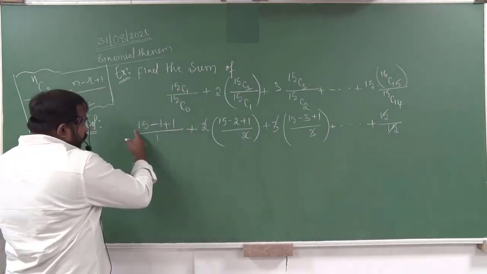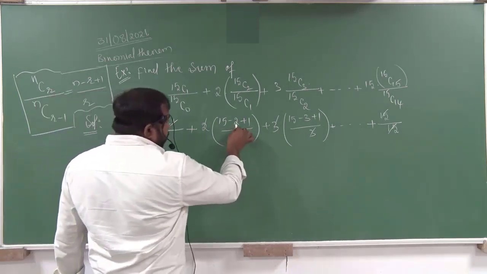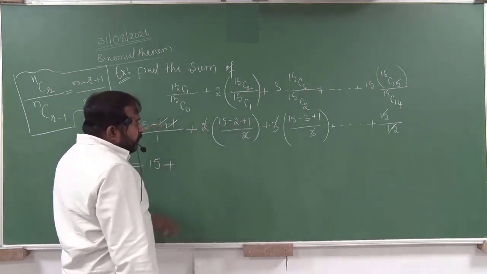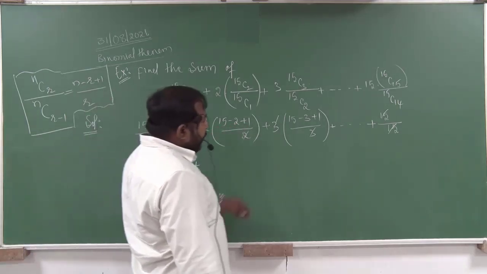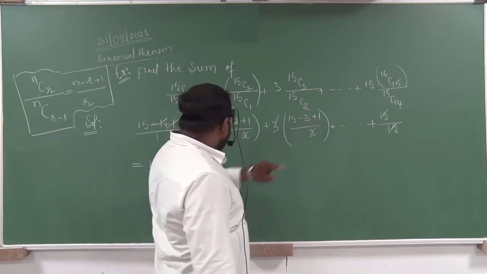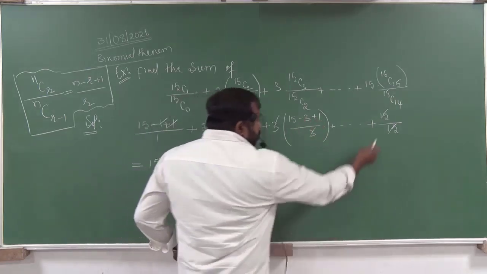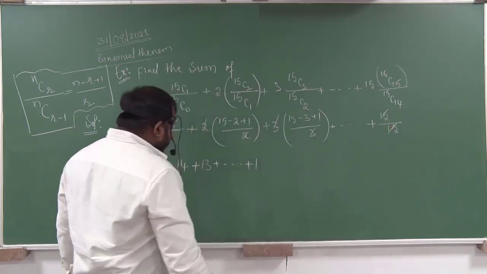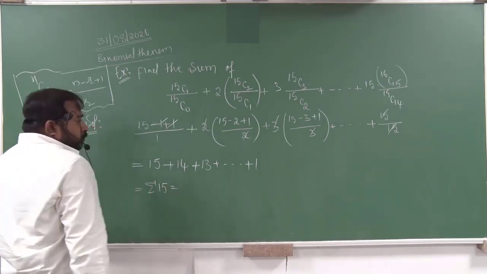Minus 1 plus 1 cancels, 15 plus, next 16 minus 2, 14 you will get. Next 16 minus 3, 13 is the value. By proceeding like this, the last value is 1. So this is nothing but sigma 15.